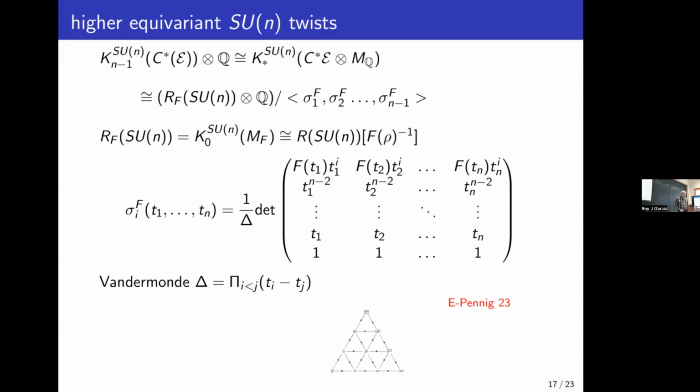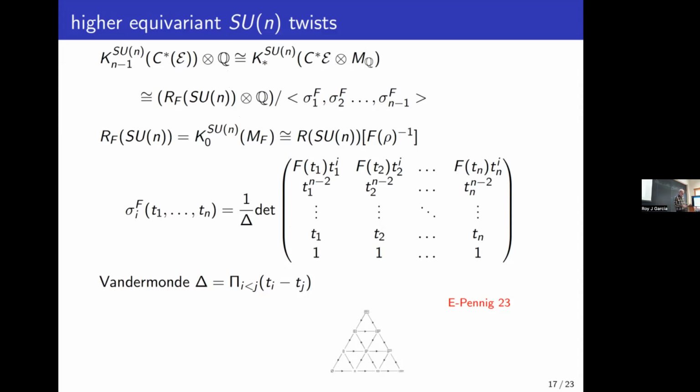And for SU2, we could compute it exactly. For SUN, we have this Q coming in here. So we only do it over the rationals, because in the spectral sequence computations, we have to use at various points averaging by Weyl groups, and so on.